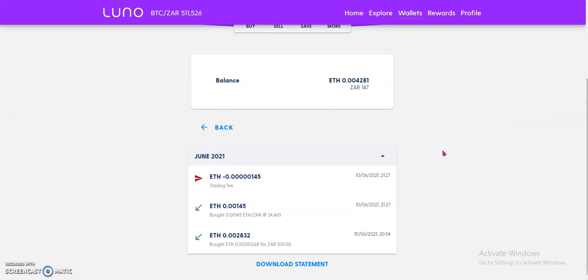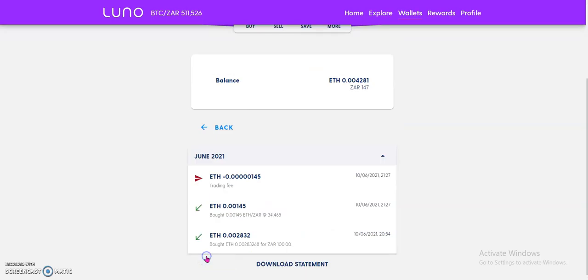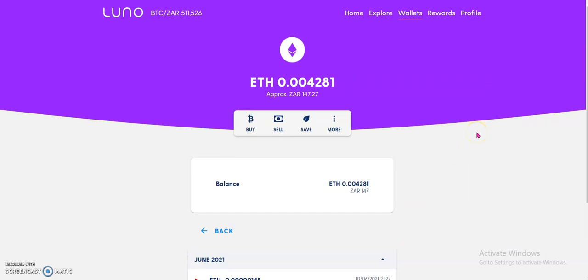There we go, that is our transaction, and it takes us into that particular transaction. Let's go back so you can see our transaction was processed. Previously we only had 97 ZAR worth of Ethereum.